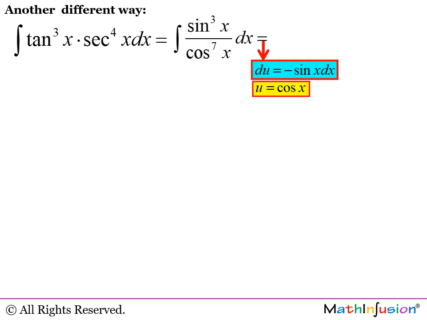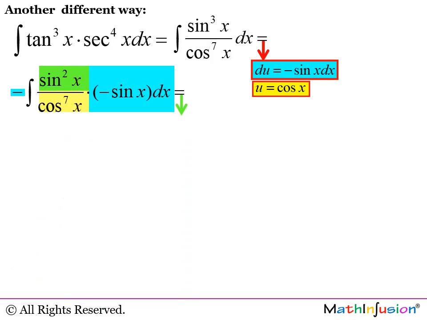So if the u is the cosine x, then du is negative sine x dx, which is nice because by taking one of the exponents of the sine cubed of x, I can split it now to sine x and sine to the power of 2x. Nice, because it's an even exponent, so I really like it now.